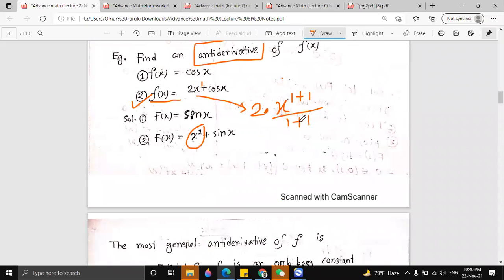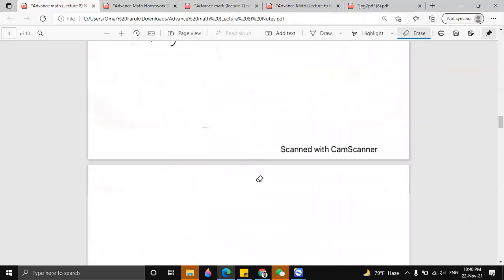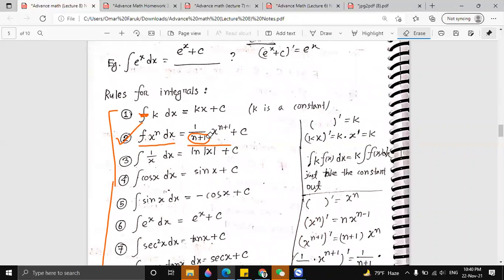The first was 1 by n plus 1. So what is it? It is the same. This is the formula, 1 by n plus 1. They are multiplied, right?